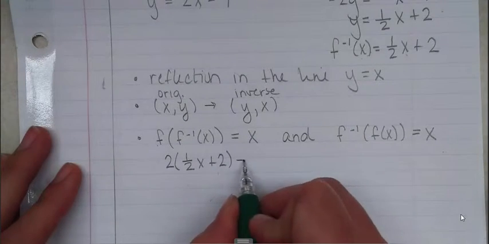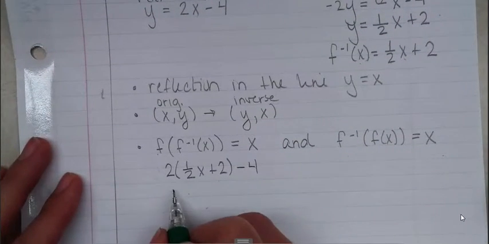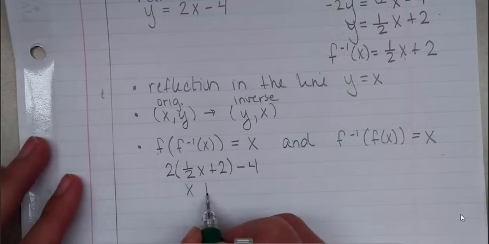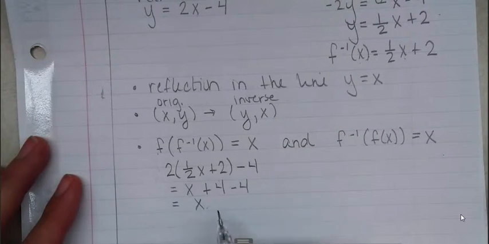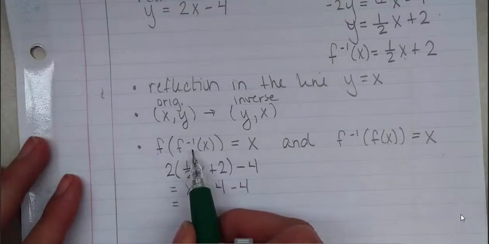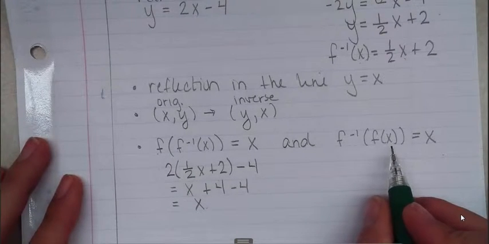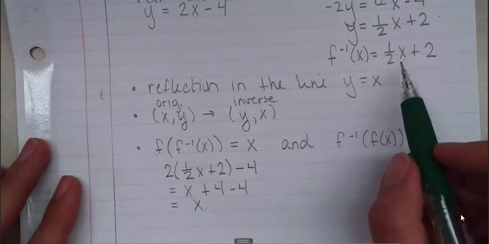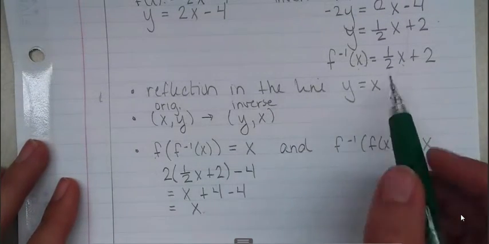And from there I'll minus 4, since that's part of the original equation. Distributing, I get x plus 4 minus 4, which is going to equal x. So it works when I plug the inverse function into the original function. And now we'll double check that it works the other way around, taking my inverse function and plugging my original function in wherever I see x.